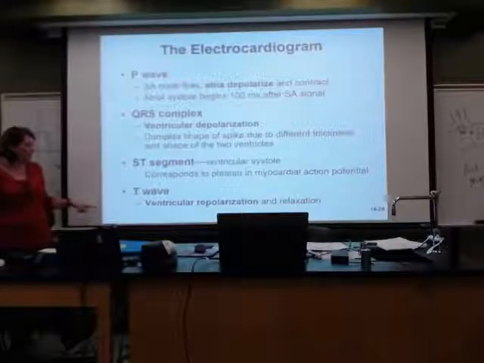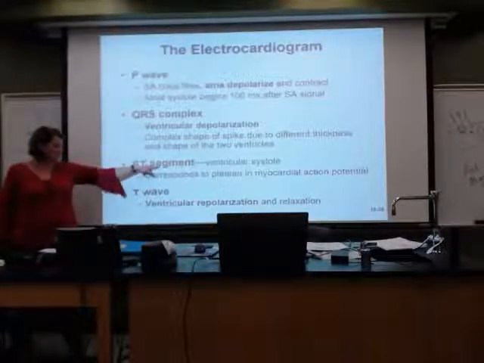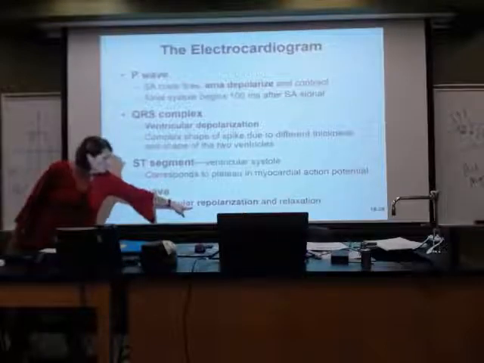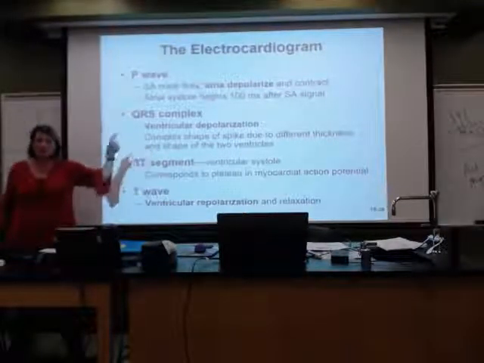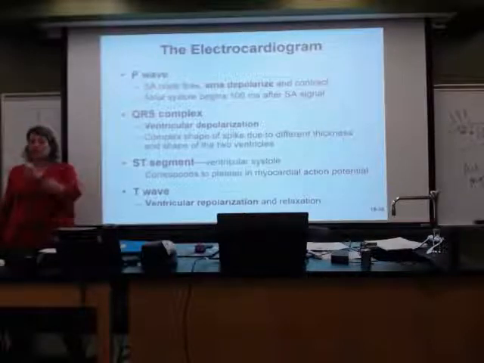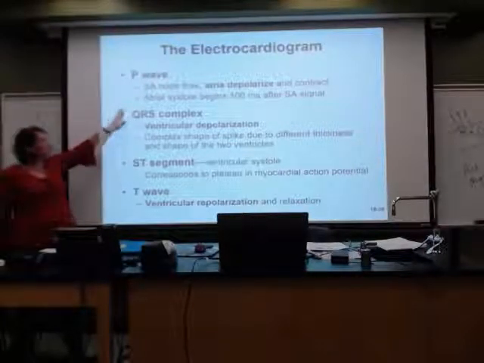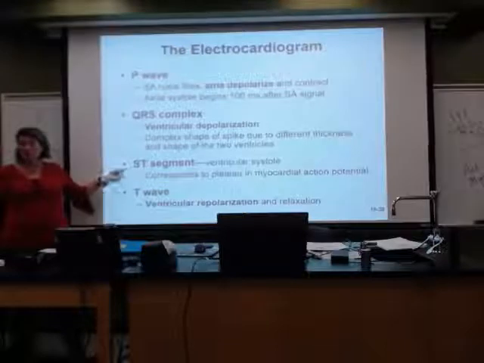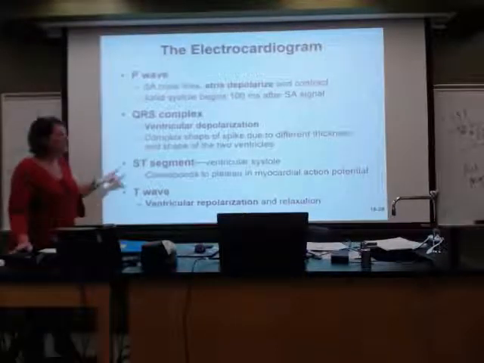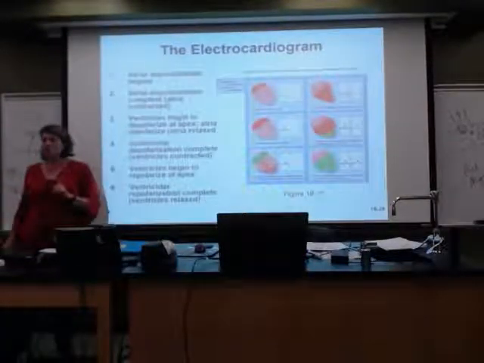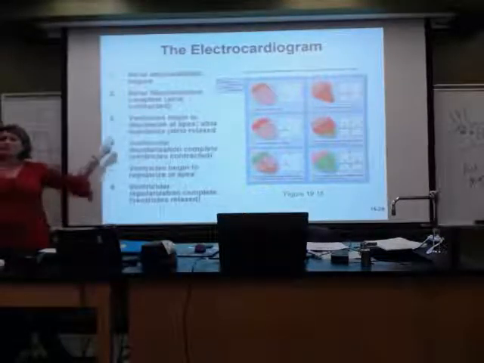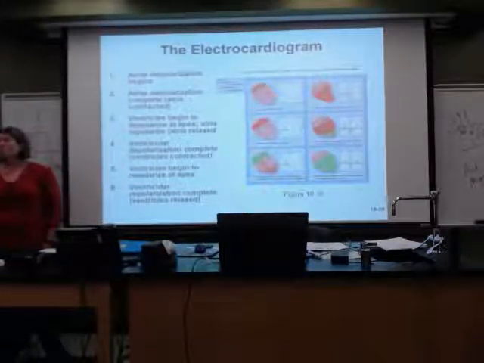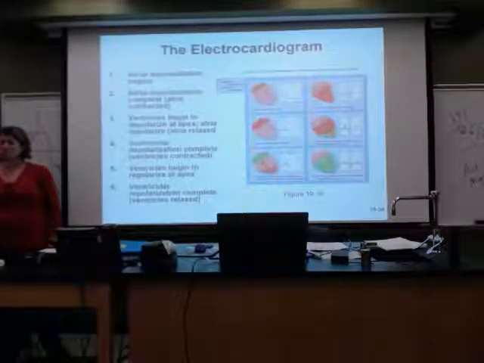The T wave is contraction, relaxation, and recovery. So if there's anything wrong in any of those peaks, your hope is that your doctor is going to look at that readout and be able to determine what part of the heart may have an issue.